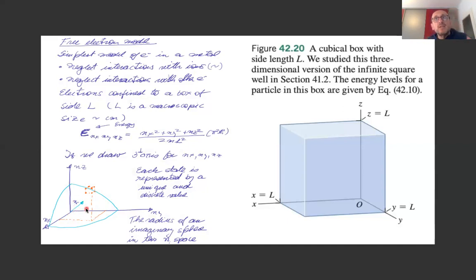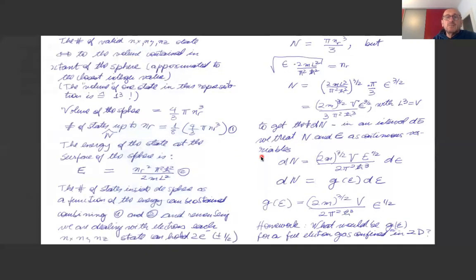I'm interested in counting states. Why am I interested in counting states? Because I know that at zero temperature, if I want to find the lowest energy configuration, I can put one electron per state. Well, not one electron. Per each state, n_x, n_y, n_z, I can put two electrons because I can put one with spin up and the other with spin down, okay? So this is what I'm going to try to calculate in the next few graphs, okay?